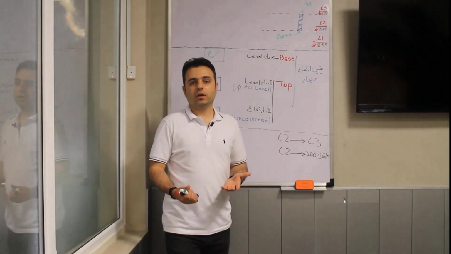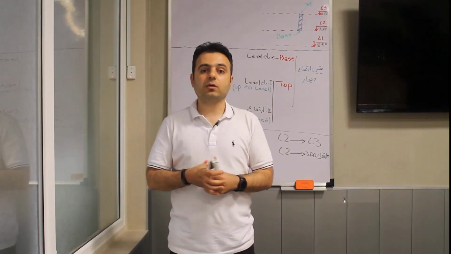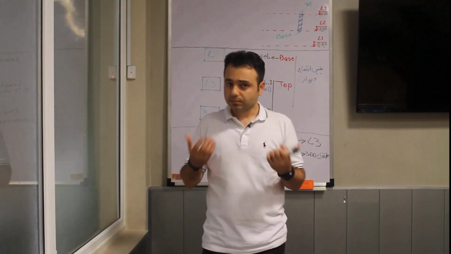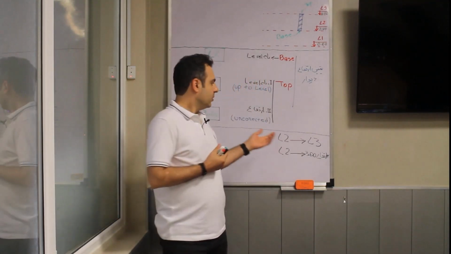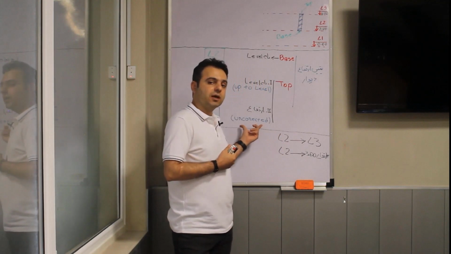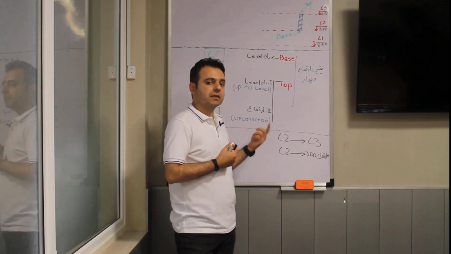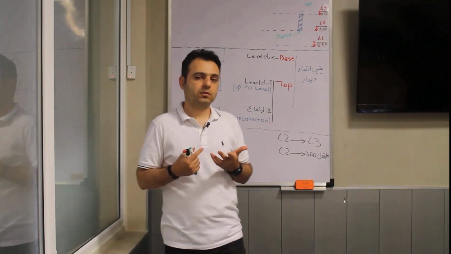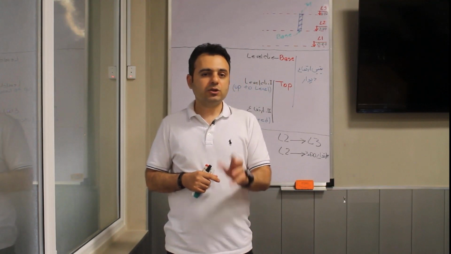Now, what is the use of unconnected? We said so many good things about up to level, but what about unconnected? Well, dear friends, there are some walls that have to be done with this unconnected method. Like what? Like the parapet wall, or for example the counter wall. What features do they have?